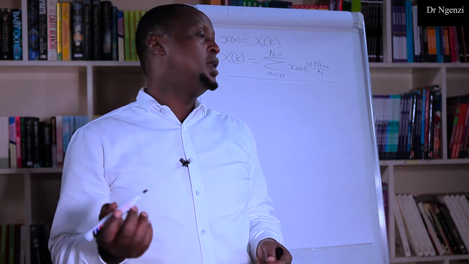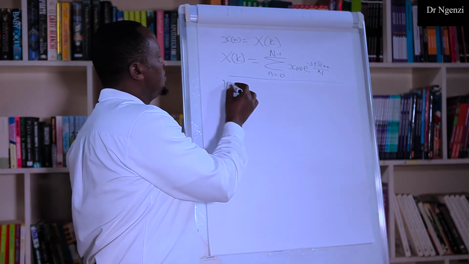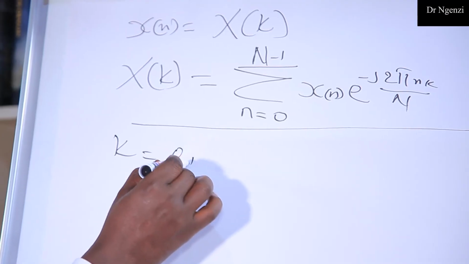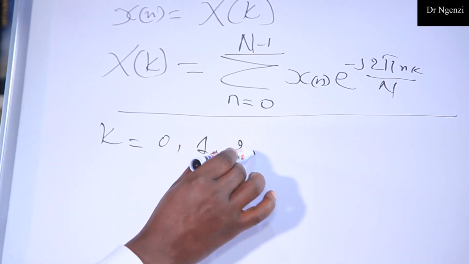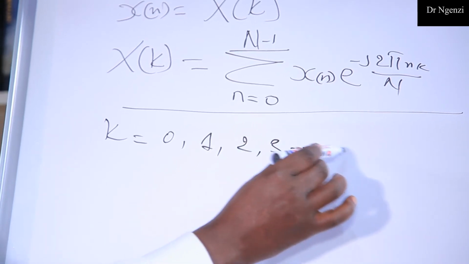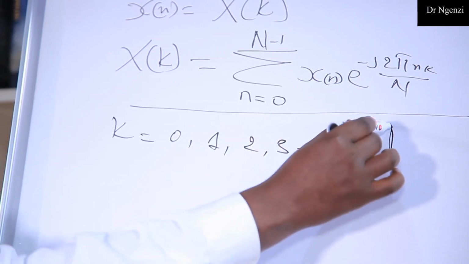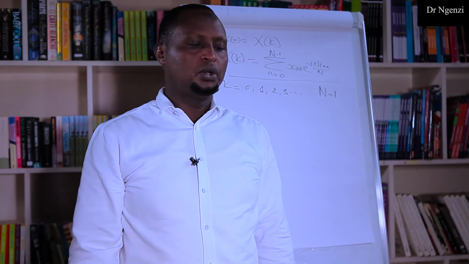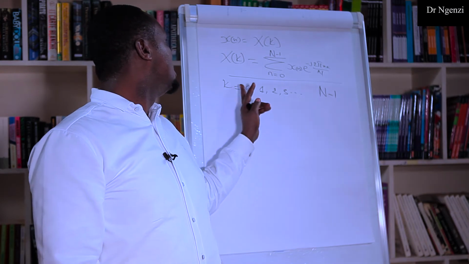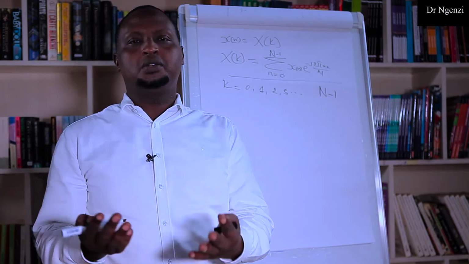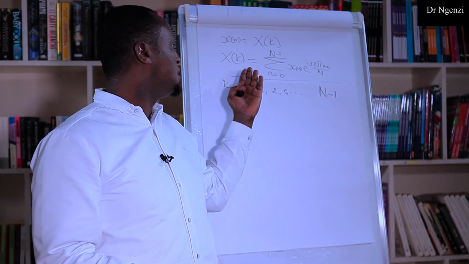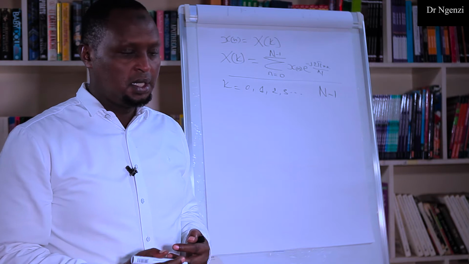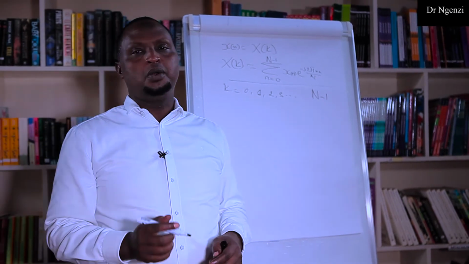So remember, k can range over values 0, 1, 2, 3, and so on, until it reaches N minus 1 in this case. This is very important to note. So I'm just reminding you what we discussed in DFT. This is the DFT format, and it is done with a finite number, not an infinite number.